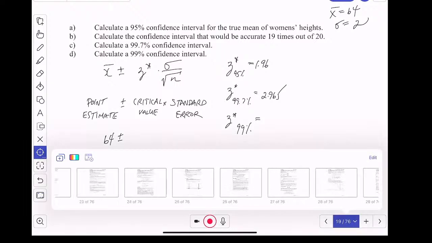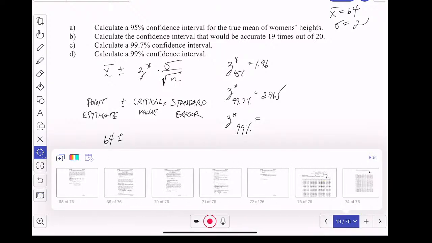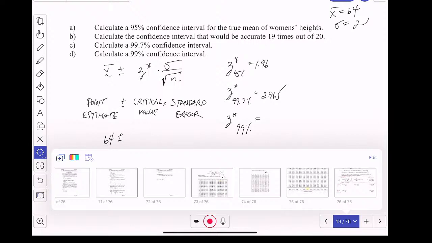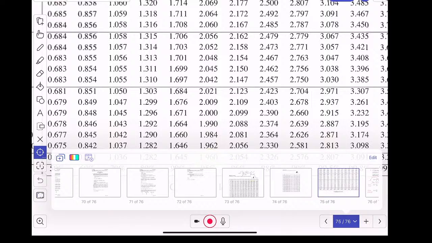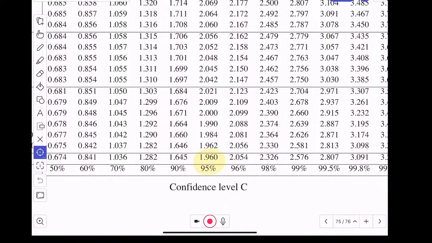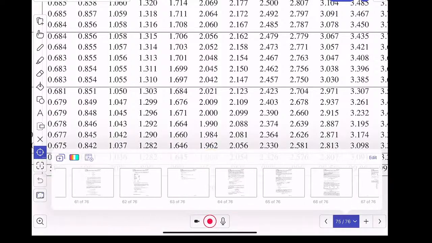So we're going to go there. And again, you can get these in Excel. You just have to figure out how to do that. It's easier to just use this table probably. So 99% is 2.576.